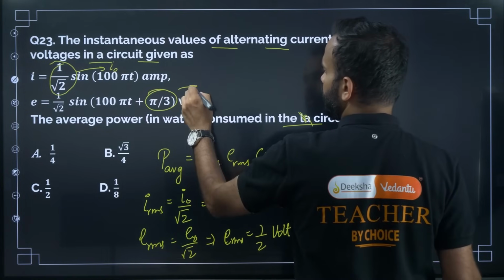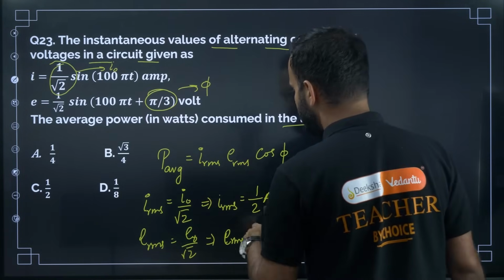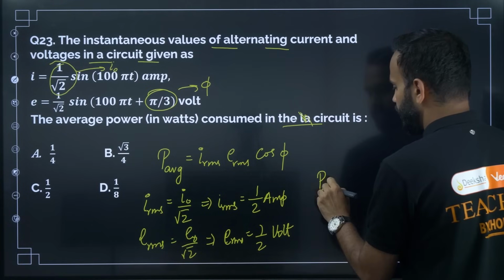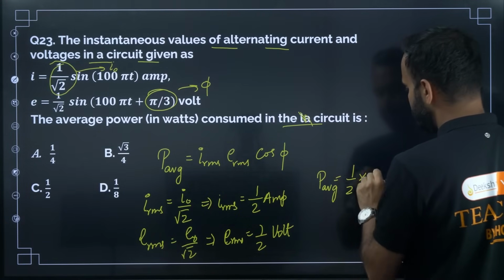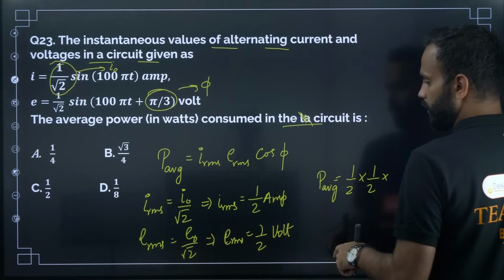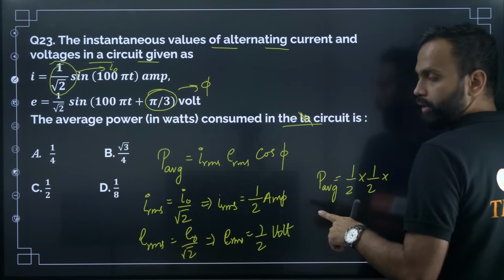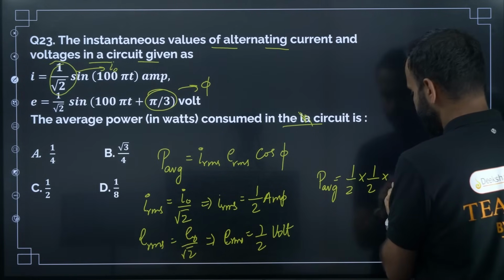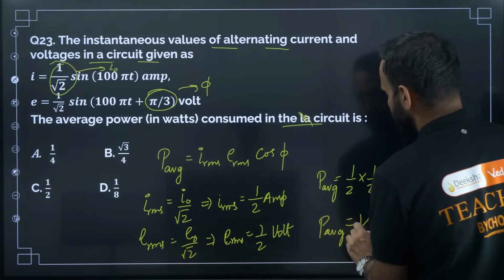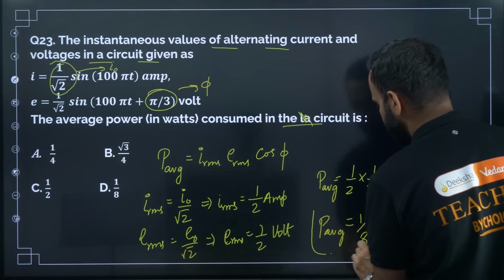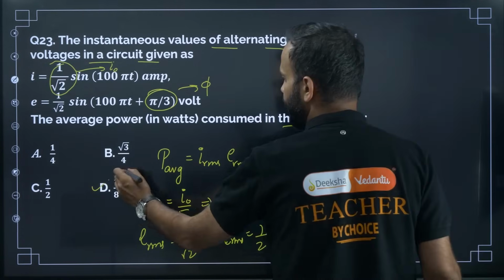Substitute all the values. P average is equal to IRMS, that is 1 by 2, into ERMS, 1 by 2, into cos phi. Cos phi is cos pi by 3, that is 1 by 2. So P average is equal to 1 by 8 watt. So the correct option is D.